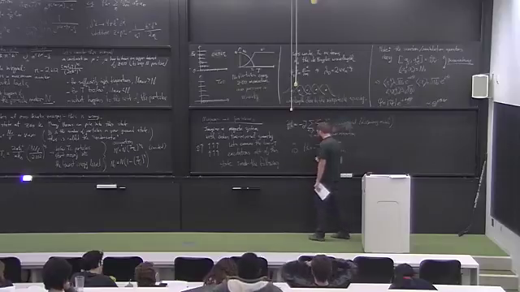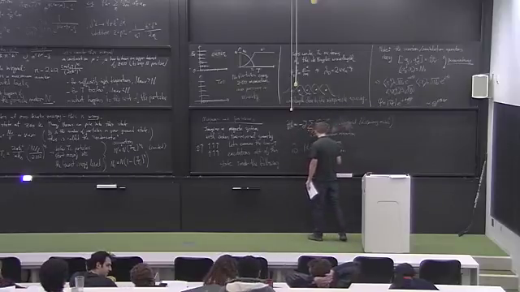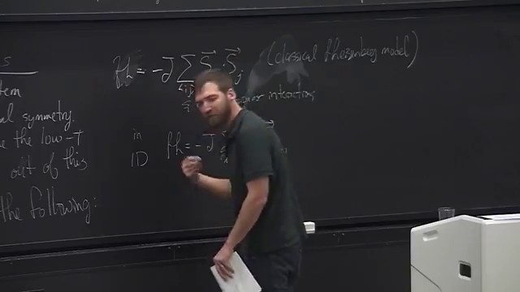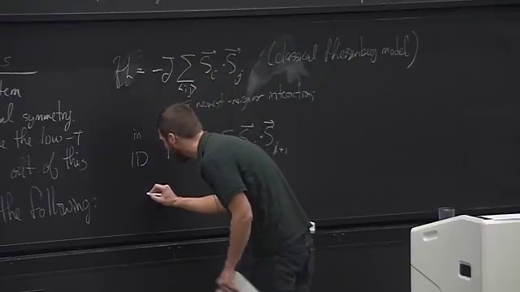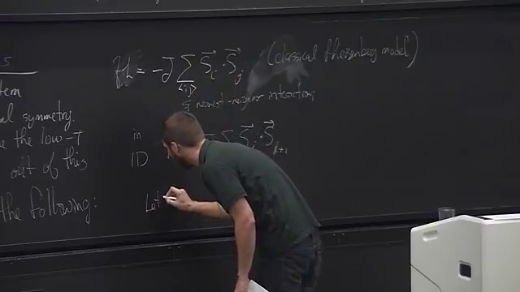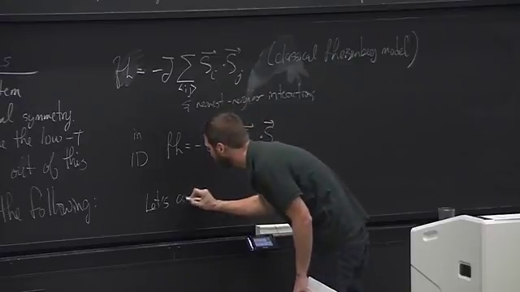Before I start, let me rewrite the interaction in terms of an effective field. You guys had mean field theory, so in the same spirit, let's consider an effective field here.